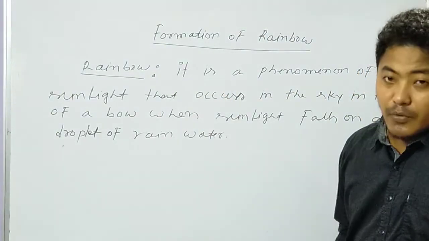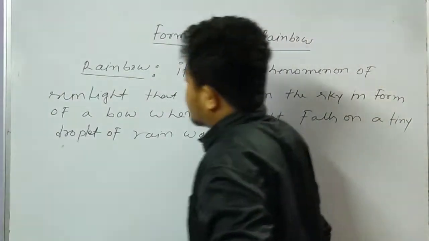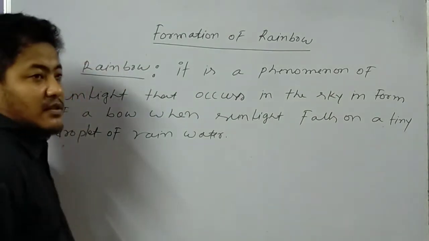So write down: in rainbow formation, we basically have 3 processes.